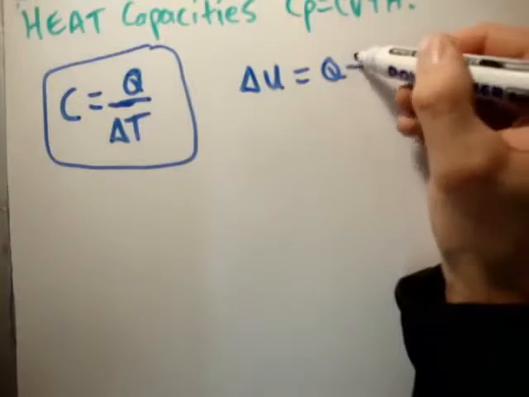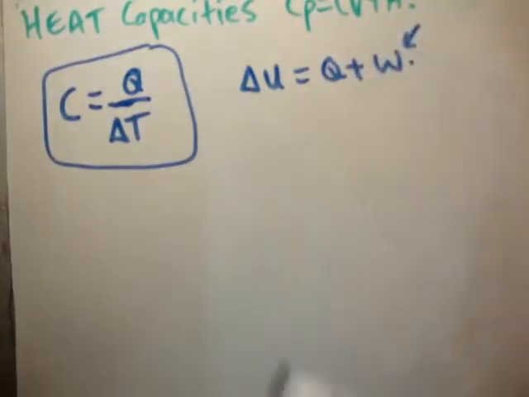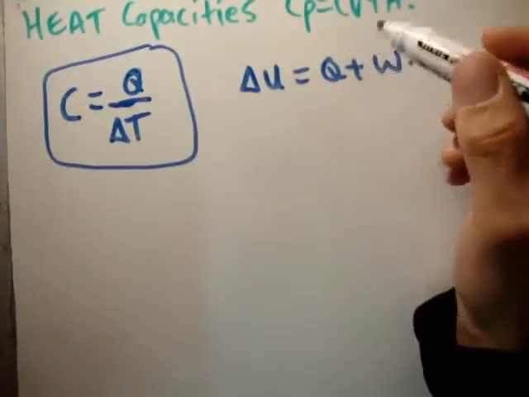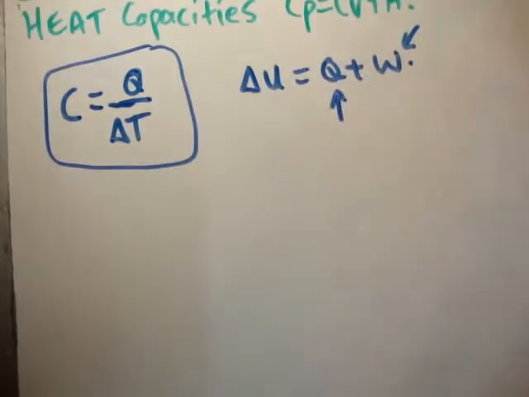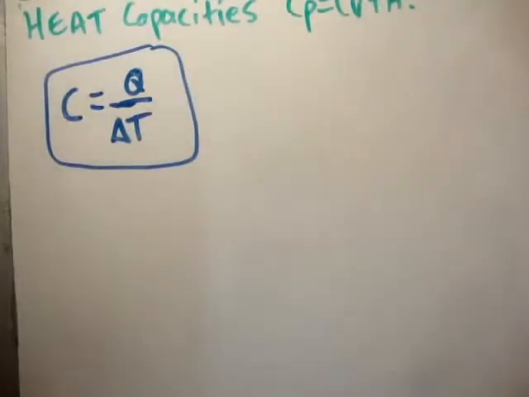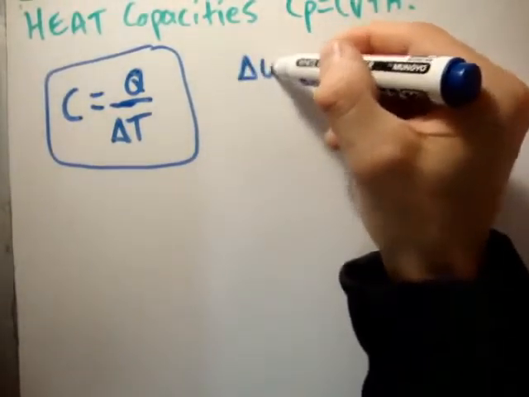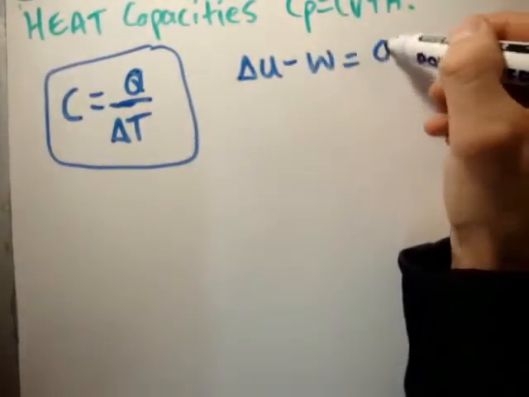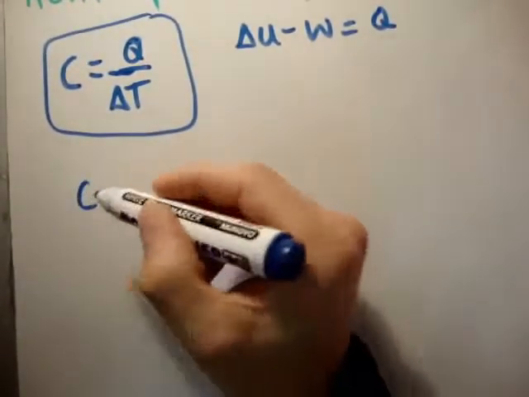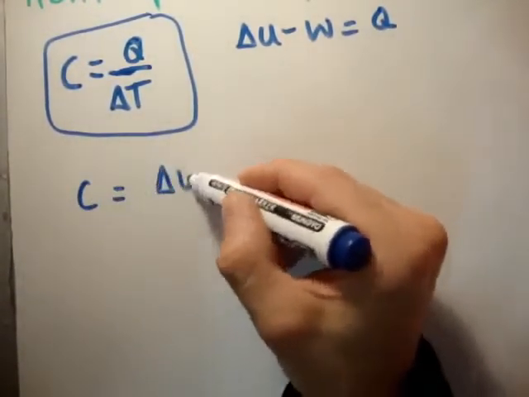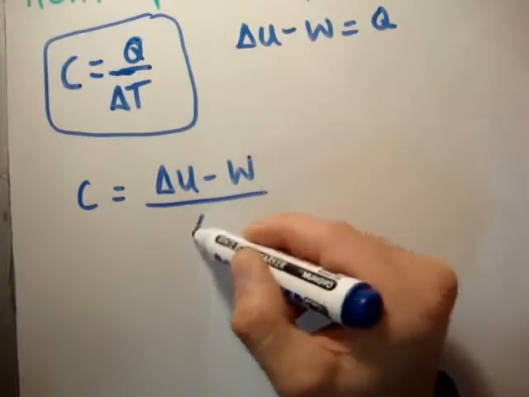Delta U is equal to Q plus W. W is positive when work is done on the system, and Q is positive when heat is put into the system. If we rearrange that, we find that delta U minus W is equal to Q. So that means the heat capacity is equal to delta U minus W over delta T.